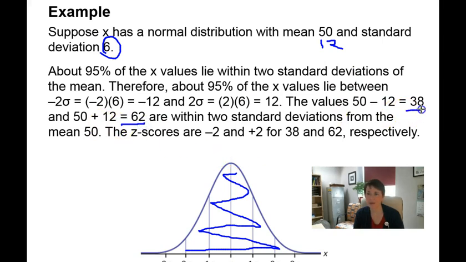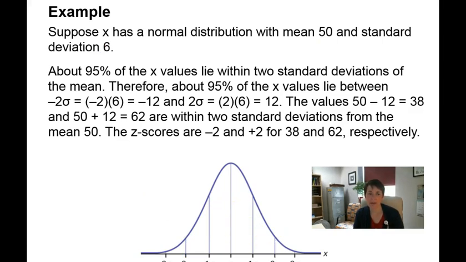So there's my 62, there's my 38. Those are my limits then. All of the data, 95% of the data, is between 38 and 62. So that is kind of how we can use our z-scores and the empirical rule to make some good judgments about our data.